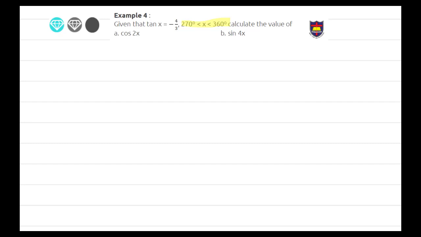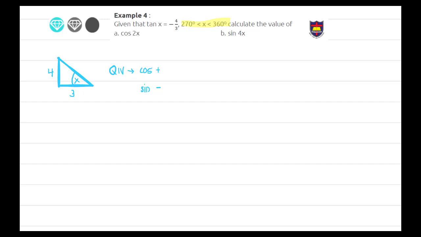So we start with drawing the right angle triangle here with the ratio of opposite, which is 4, and adjacent, which is 3. And then, since it is in quadrant 4, we also have to know that here in quadrant 4, cos will be positive, whereas sine and tangent are negative.